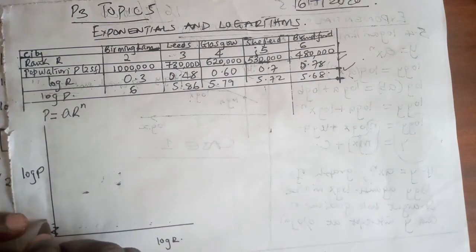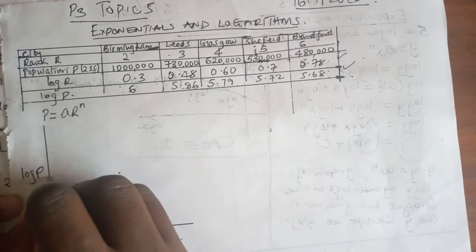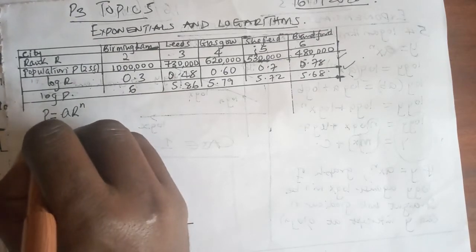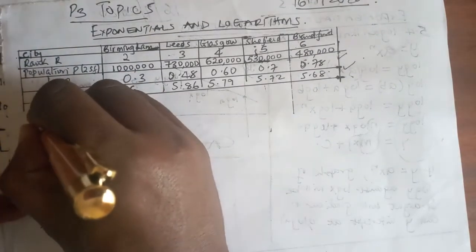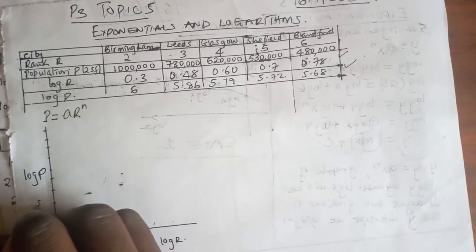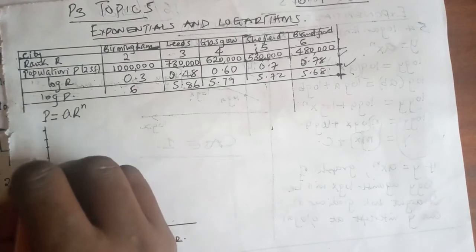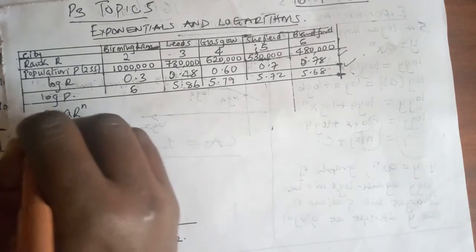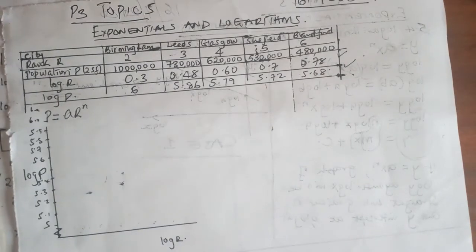So we can start from 5, 5.1, 5.2, 5.3, 5.4, 5.5, 5.6, 5.7, 5.8, 5.9. We may have 6, and we may have 6.0, and so on.